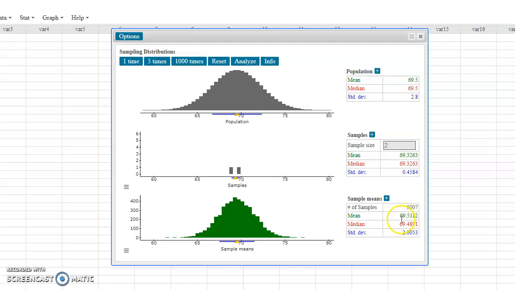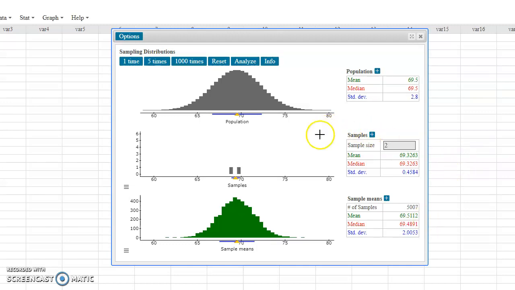And you may notice that the mean of the 5,007 means is almost identical to the population mean. That's not a coincidence. That should always happen. And then the standard deviation is 2.0053. So let's remember that. 2.0053. That's the standard deviation of the 5,000 means.